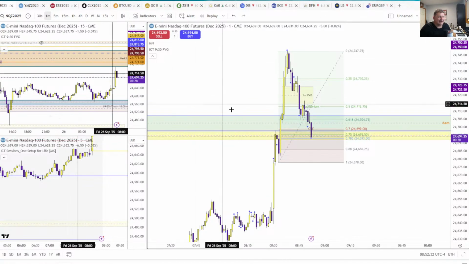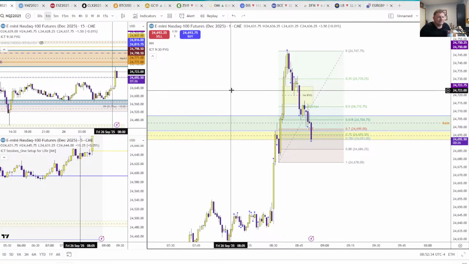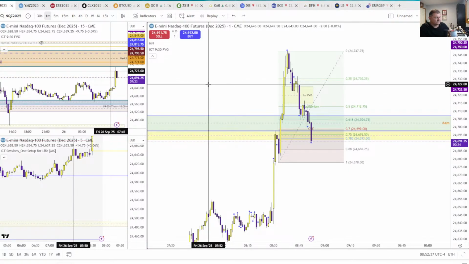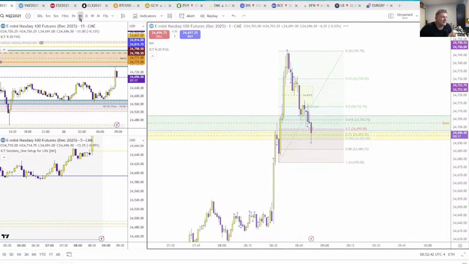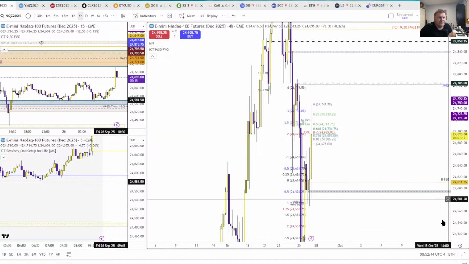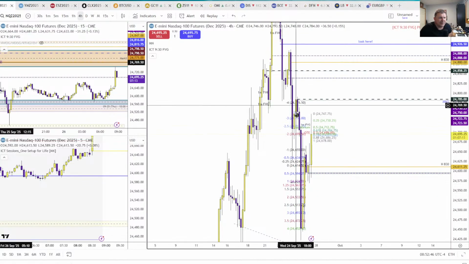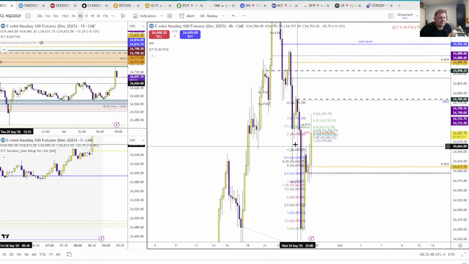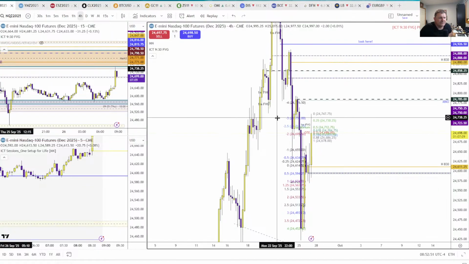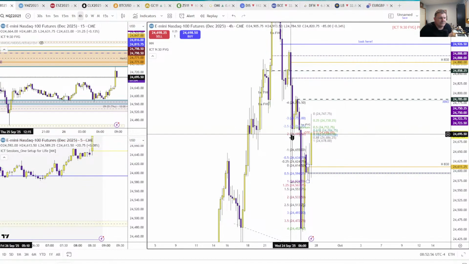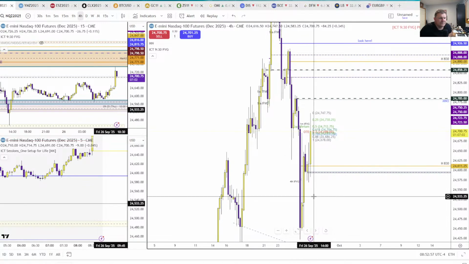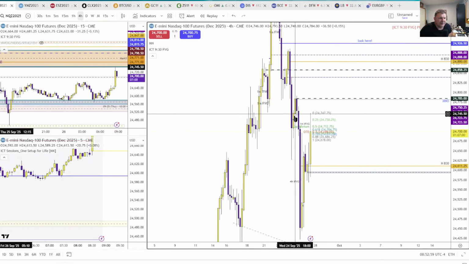The 4 hours acting like a... here's the 4-hour. Our bull trap is holding price. This is holding price.